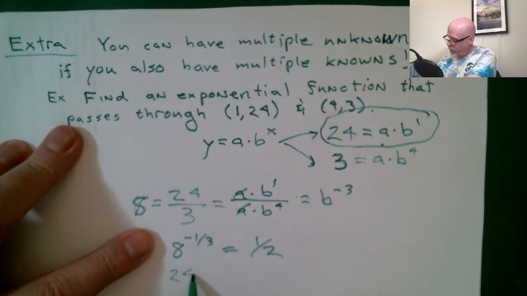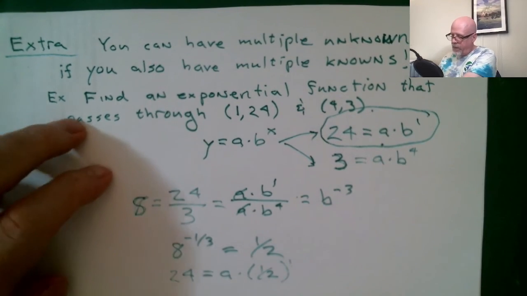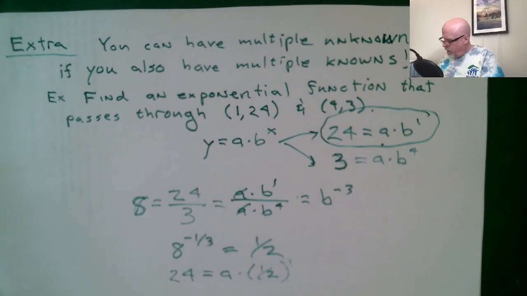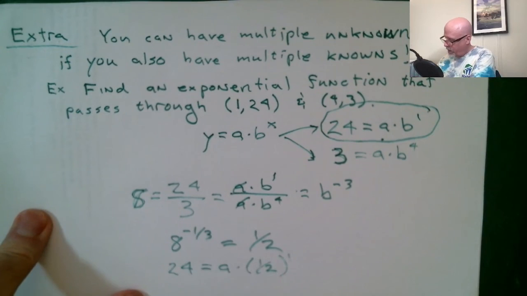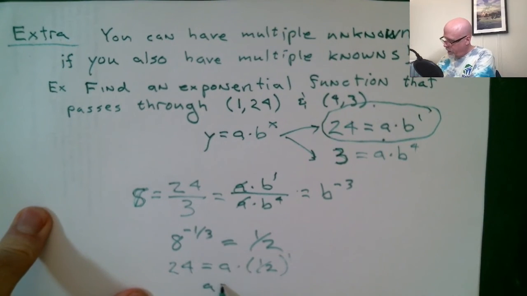You get 24 is a times 1/2 to the 1 power, which is just 1/2. And that means a is twice 24. You have to multiply both sides by 2 to get that out. So a equals 48.